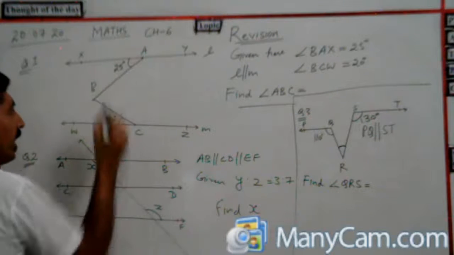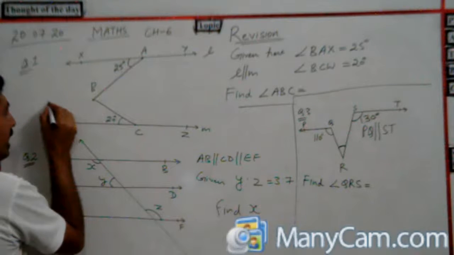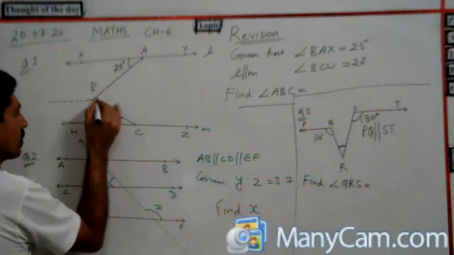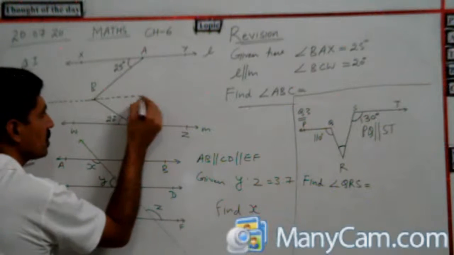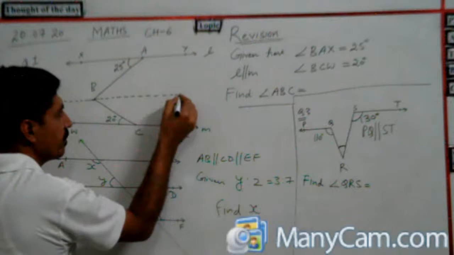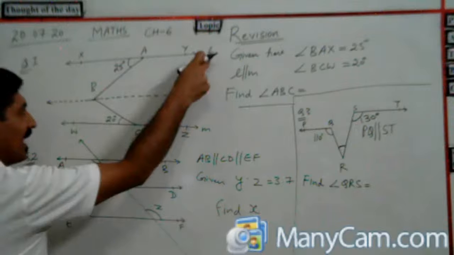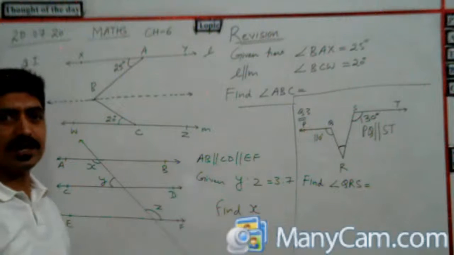How to go ahead? We know that there is one and only one line which is parallel to this. So if we draw a line parallel to these lines from point B, there will be a unique line.